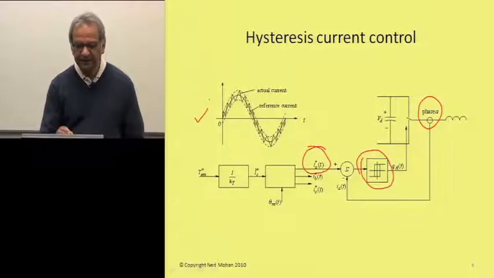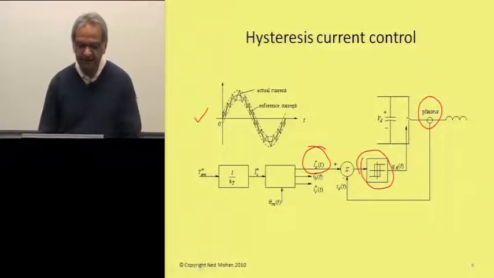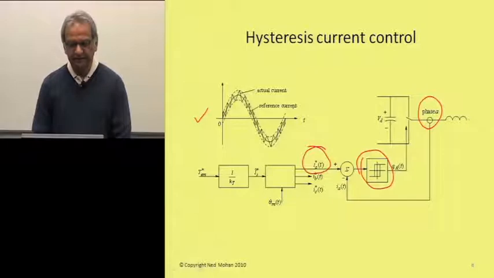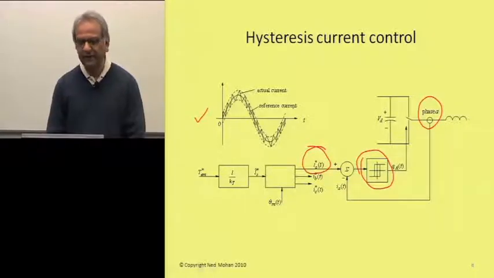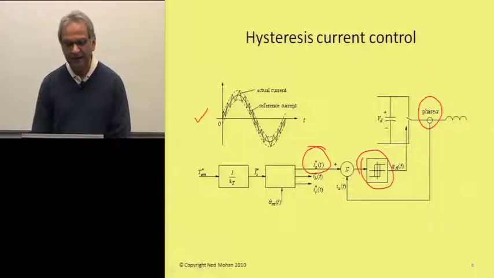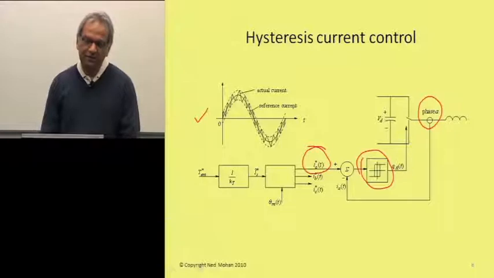Let's say you want a reference current in the middle of these two dotted bands that we see, and we can force this actual current in phase A to be within this band by controlling the position of the switch in this power processing unit.